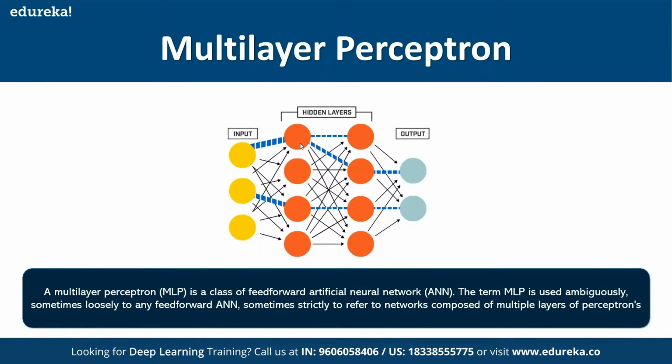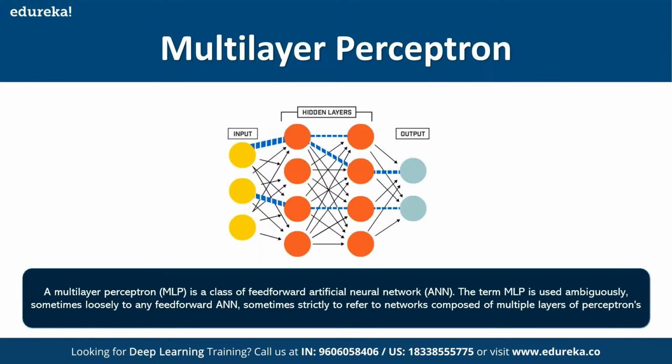So this is an illustration of a multi-layer perceptron. We'll have an input layer and multiple hidden layers. Just like we have seen the summation and the activation, the same thing will be performed in each and every neuron in this multi-layer perceptron.